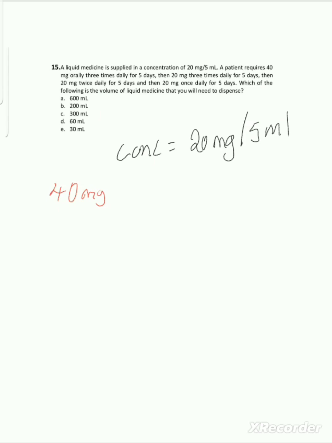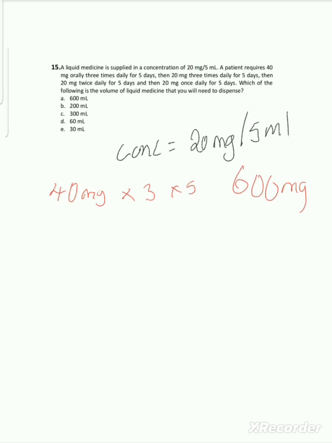So we multiply 40 times 3 times 5. So here I'm going to have 600 milligrams, like that.